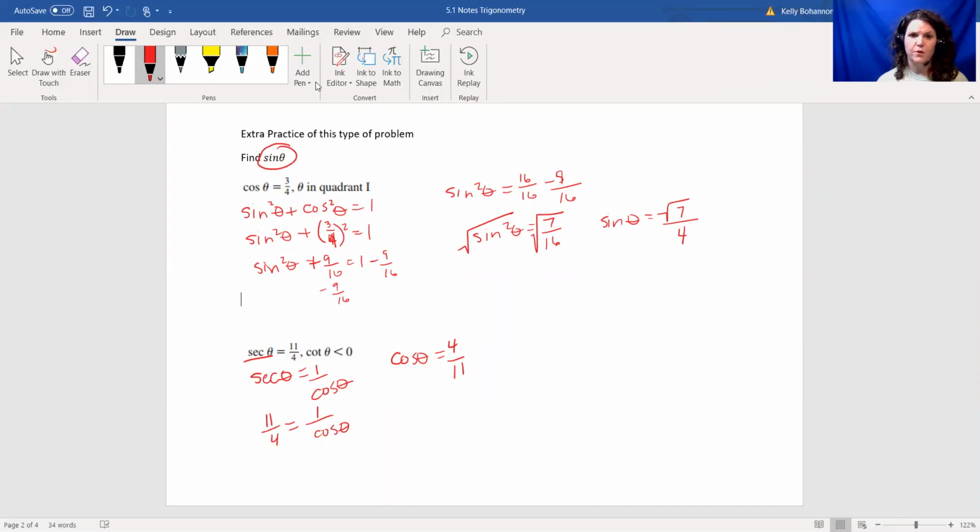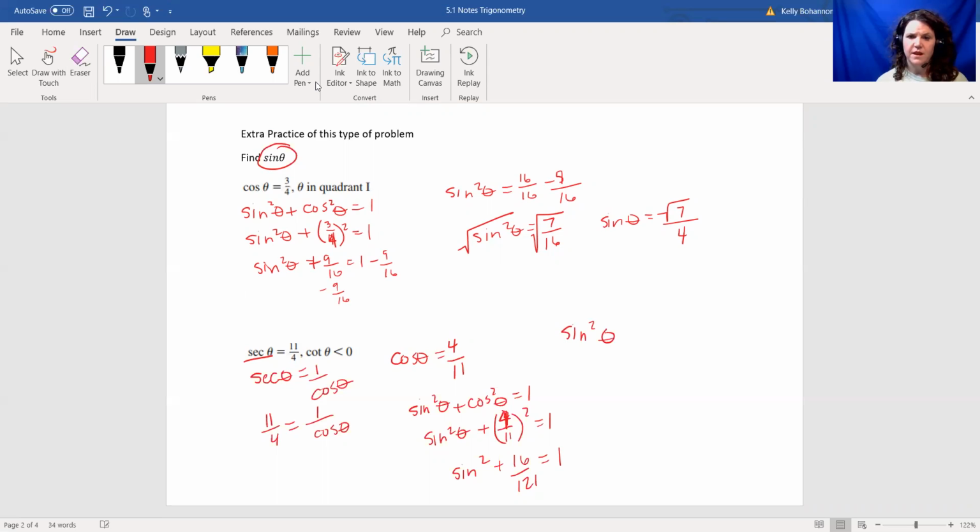And then I can use the Pythagorean identity again. So sine squared theta plus cosine squared theta equals 1. So sine squared theta plus 4/11 squared equals 1. My 4s keep coming out like 9s with this pen. And that's going to give me sine squared theta plus 16/121 equals 1.